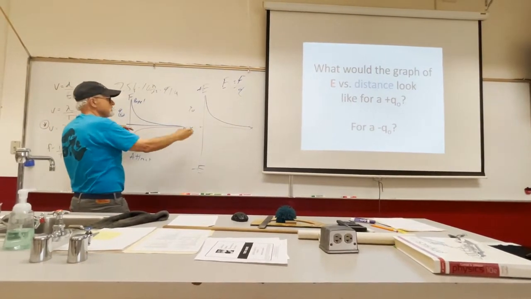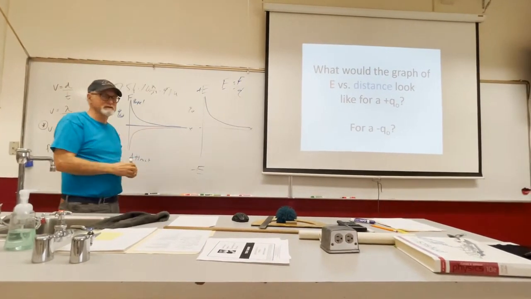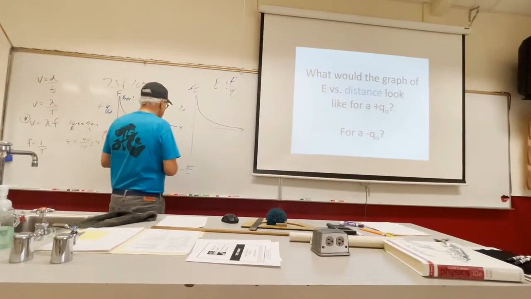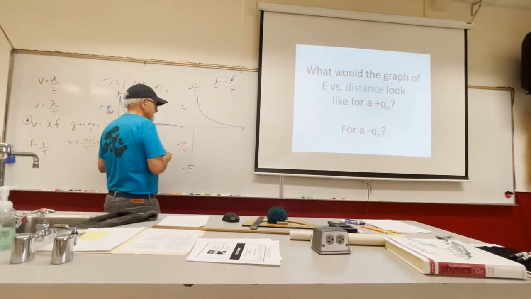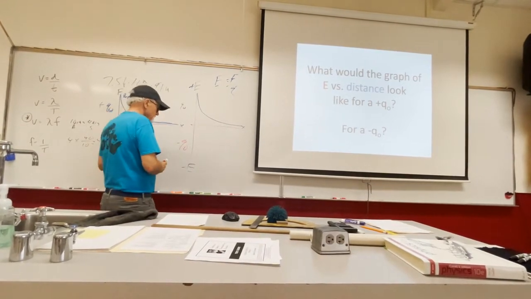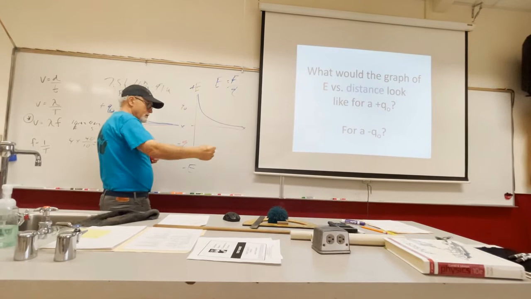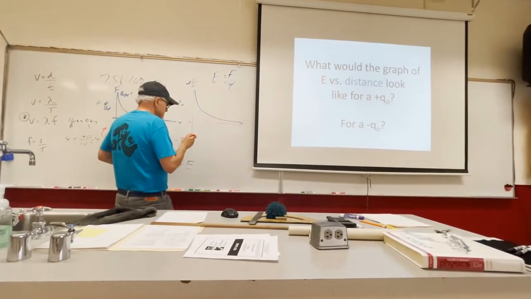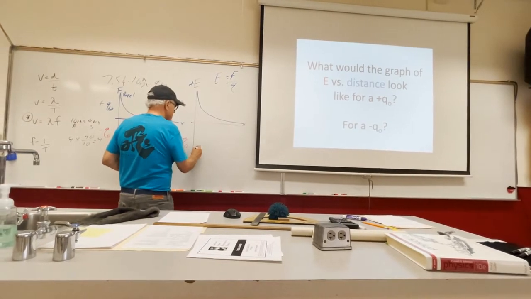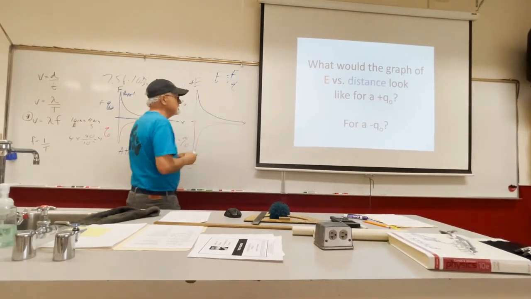As the force gets smaller, the intensity of the electric field is going to get smaller. Okay, and the same question: what about a negative originating charge? Same idea. The field goes out of the positive into the negative. So for a negative, it'll be a mirror thing like this.